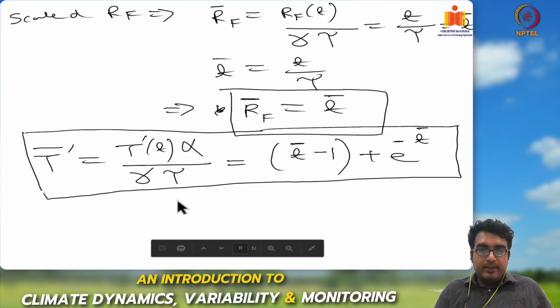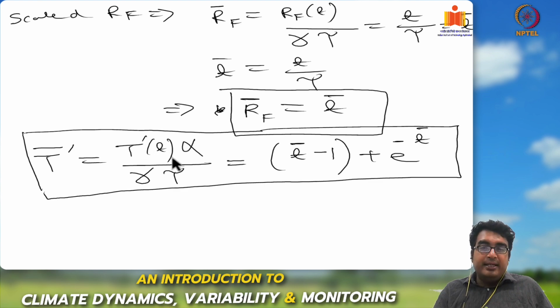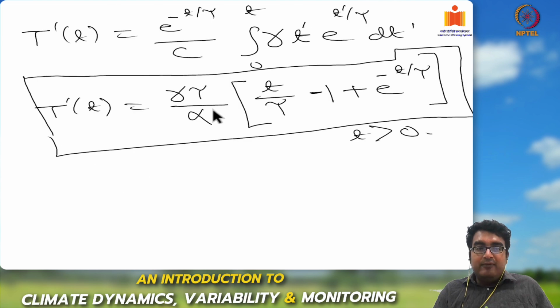So we are expressing this term, T prime times alpha by gamma tau, as the non-dimensional temperature T bar, in this specific context. So what we have done is we have taken alpha to this side, gamma tau at the bottom, so we have taken this factor to the left hand side. Then this becomes T bar minus 1 plus e to the power minus t bar.